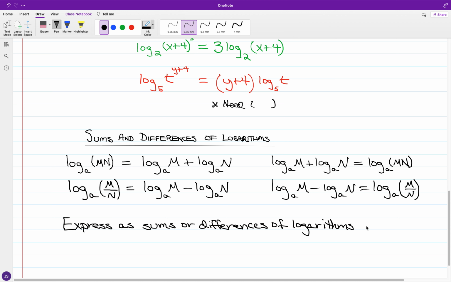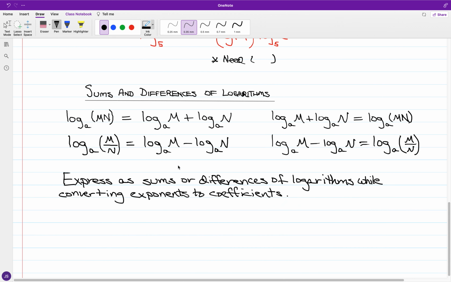and we can say while converting exponents to coefficients. Okay, and so we'll just have as lead-off examples.